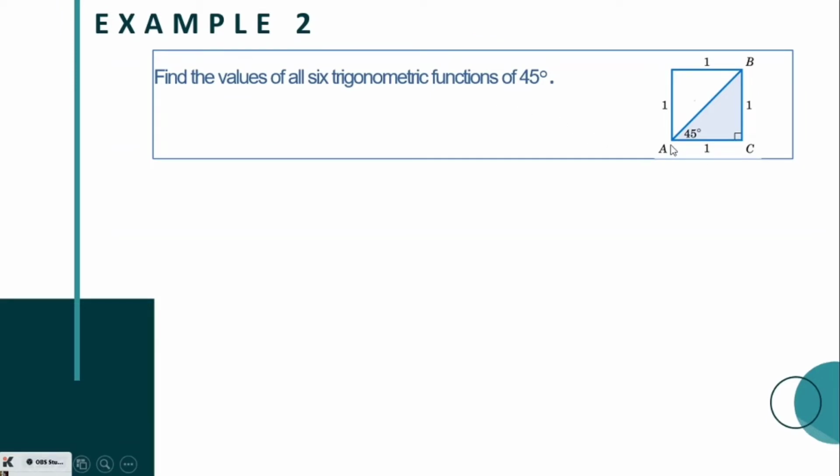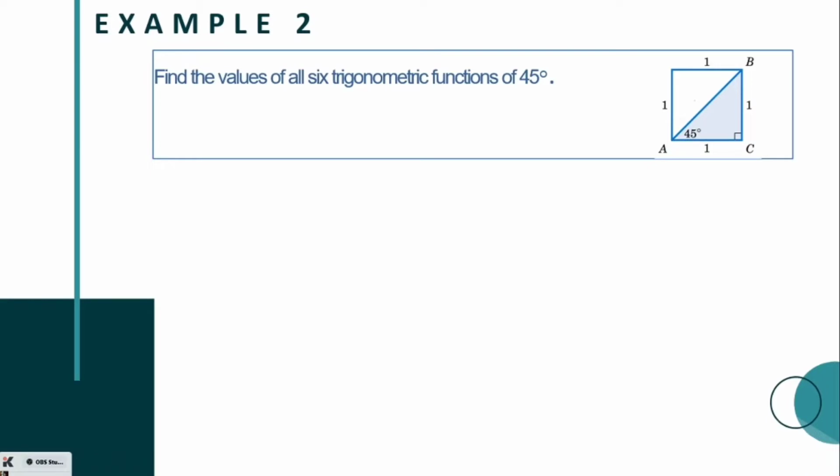So we already have the sides. If we are going to use angle A, which is 45 degrees, we already have its opposite side, which is BC, and that's just equal to 1. And then the adjacent side, which is AC, is also equal to 1. In order to look for the trigonometric functions, we have to know the length of the hypotenuse. So how can we do that?